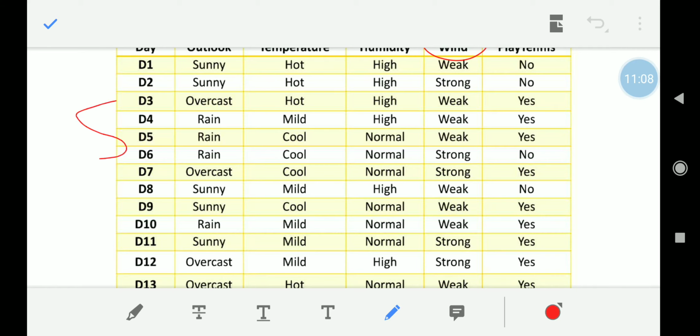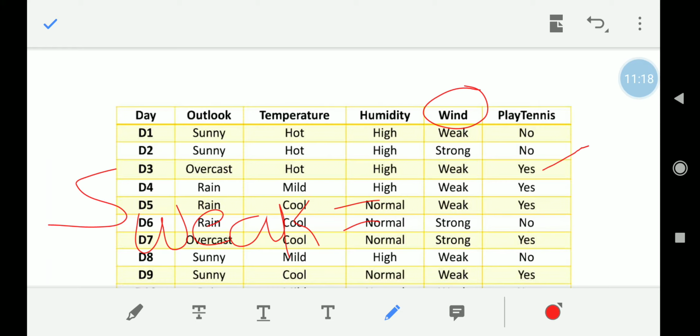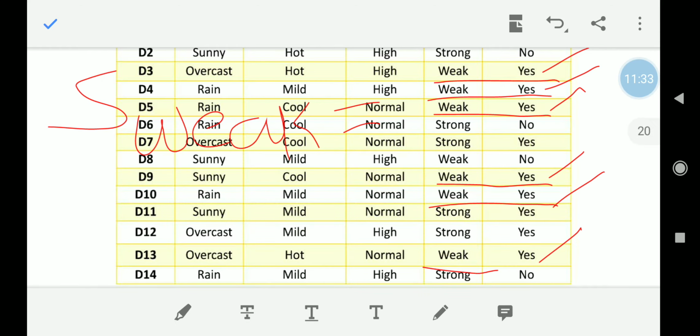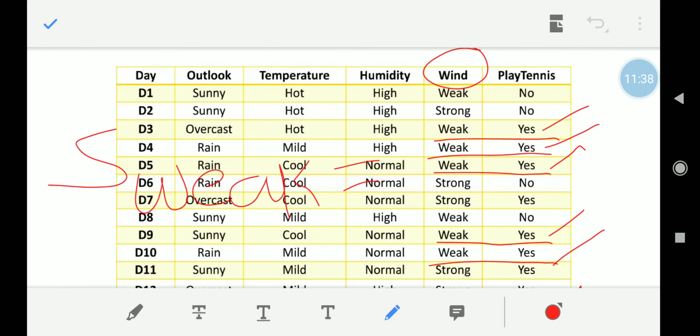See here, if I take the sample space yes and take wind as weak, how many yes are there for weak? 1, then 2, then 3, 4, 5, and then 6. 6 are yes, so you will write 6 plus.